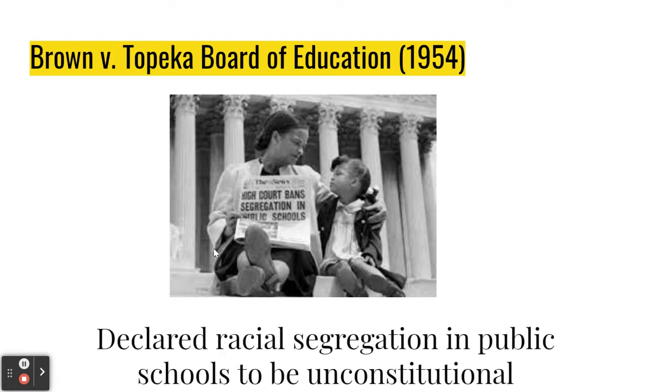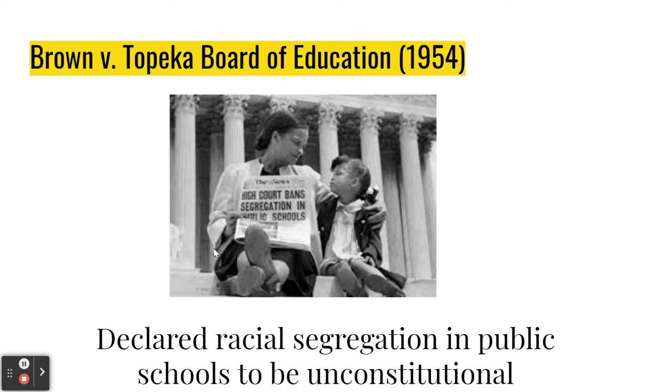This is the infamous Supreme Court case that dismantles legalized segregation, the idea of separate but equal within public schools. So it's historically significant, but it's also important to note that it only impacts public education. It's not dismantling legalized segregation really in any other area of American society.